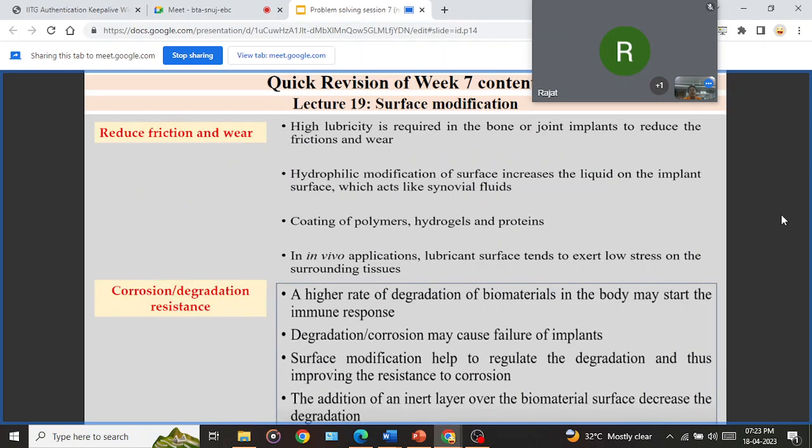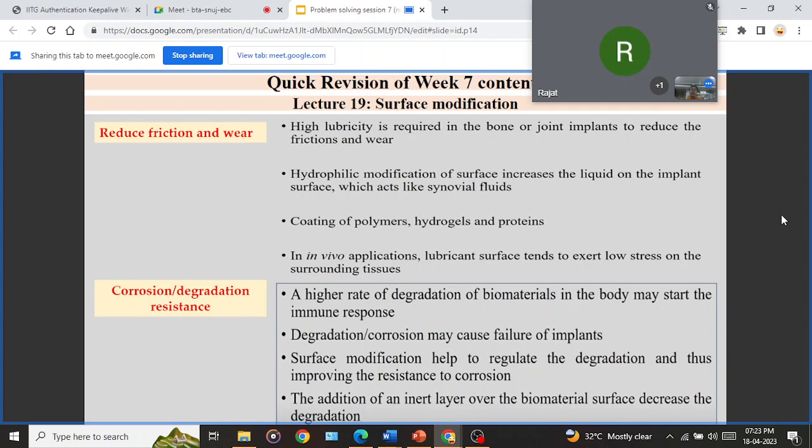Again, to reduce the friction and wear, why do we want to reduce the friction and wear? For example, in case of bone and joint implants, we want high lubricity. In this case, we want minimum friction and wear inside the body, right? So how can we achieve that? We can use various hydrophilic modifications of the surface.